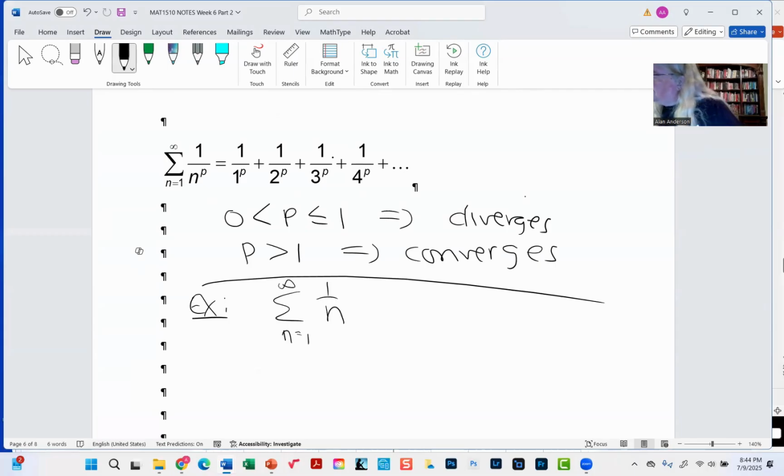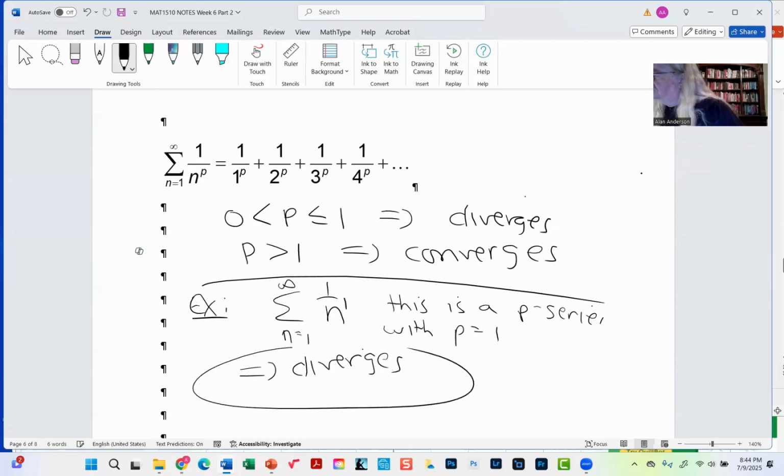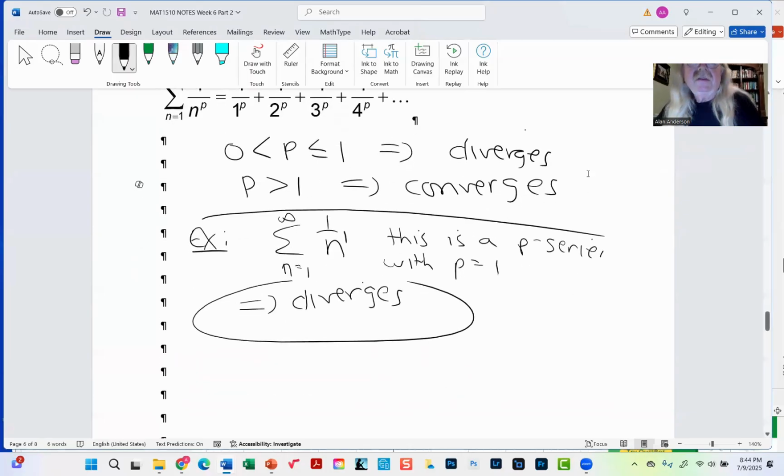Well, this is a p-series with p equal to 1. There's an implicit 1 here. It doesn't say that, but there is an implicit 1, and that means that it diverges. And that's all you have to do.